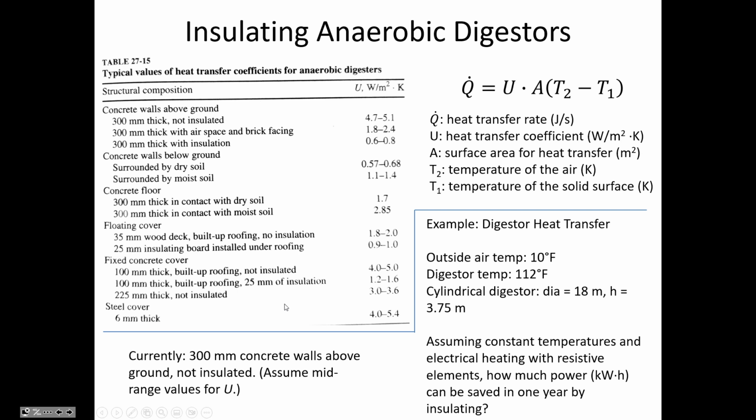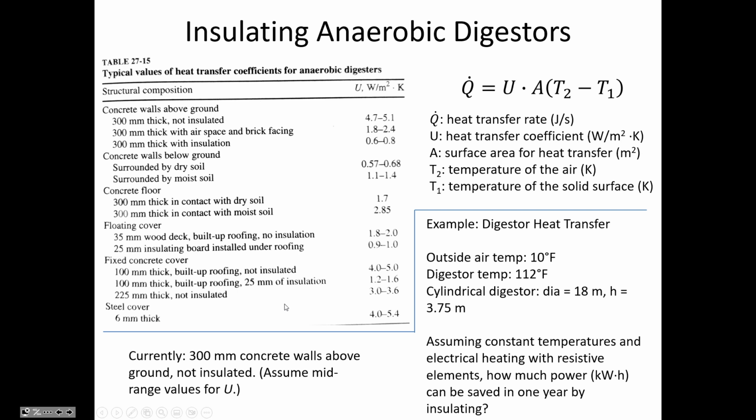Whereas the temperature of the liquid we're trying to insulate, and we assume that the tank holding the liquid has the same temperature as the liquid itself, so the concrete is at the temperature of the digester, which is 112 degrees Fahrenheit. So that's 317.59 Kelvin.